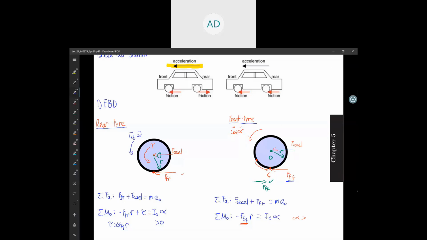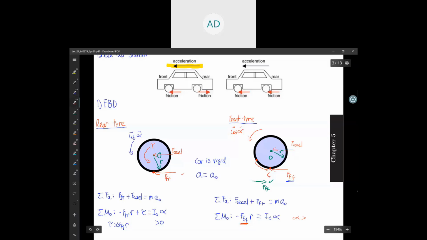Now we can see this even more clearly if we recall the fact that the car is a rigid body, and hence the acceleration of the car is equal to the acceleration of points O, the center of each of those tires. And this acceleration is actually to the left.